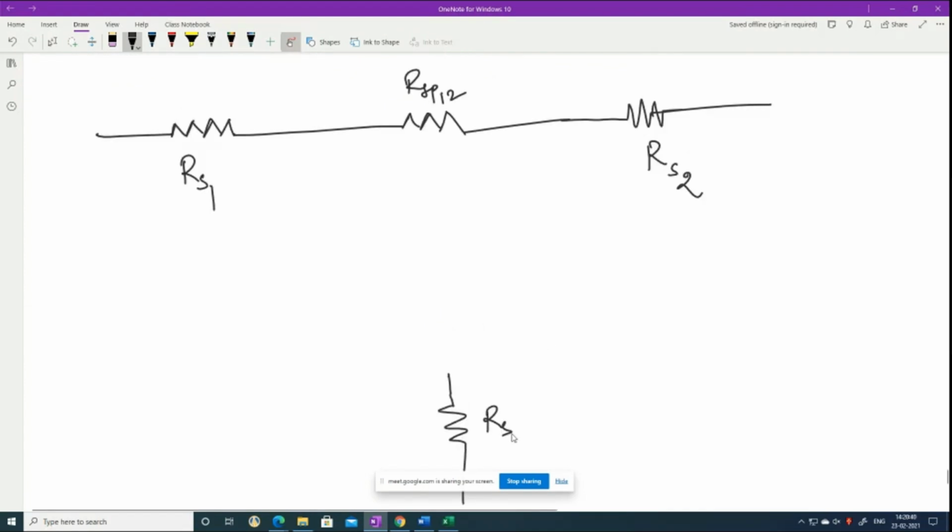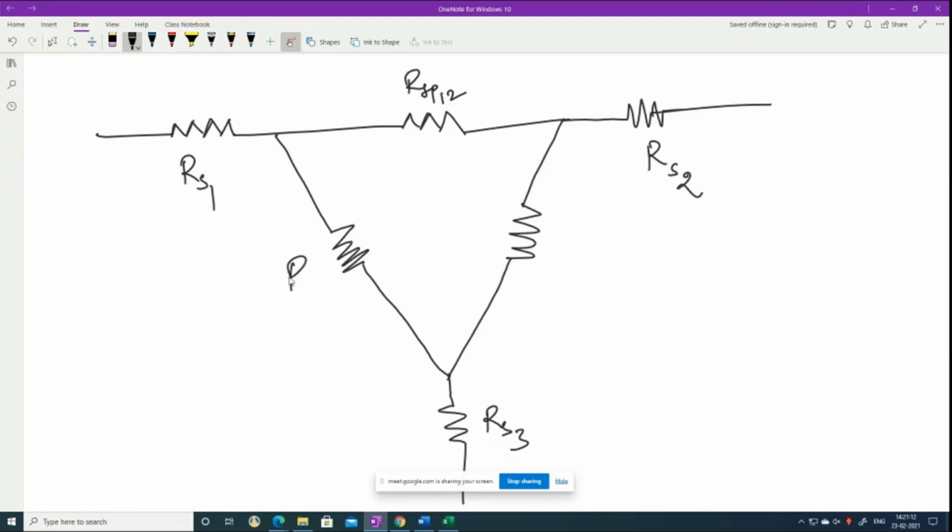This I'll call RS3. Here I'm going to show RSP13, here RSP23. And what is the thing here at the ends?